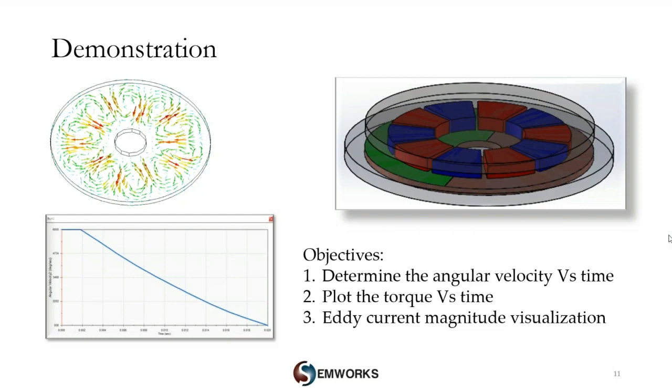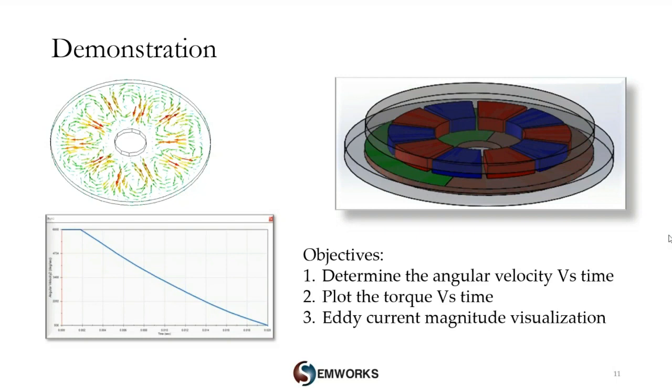Okay. Now, let me begin the technical part of the webinar by going over two separate classes of problems in eddy current braking. One class of problem deals with rotary braking.